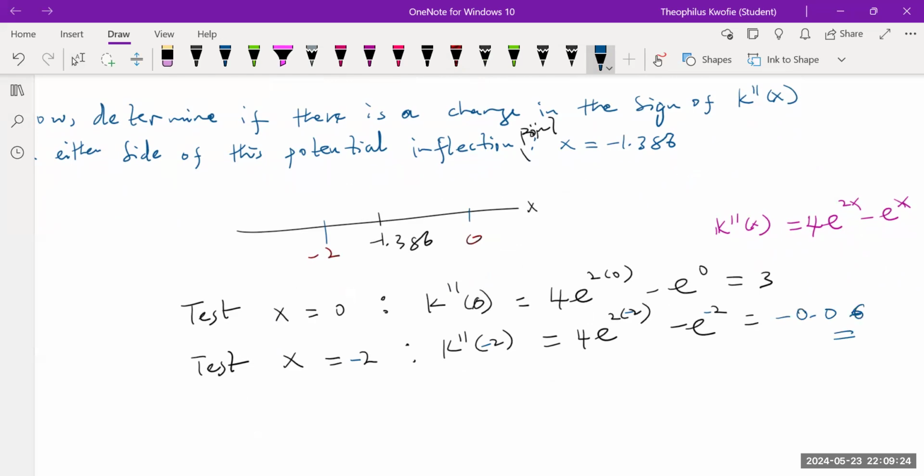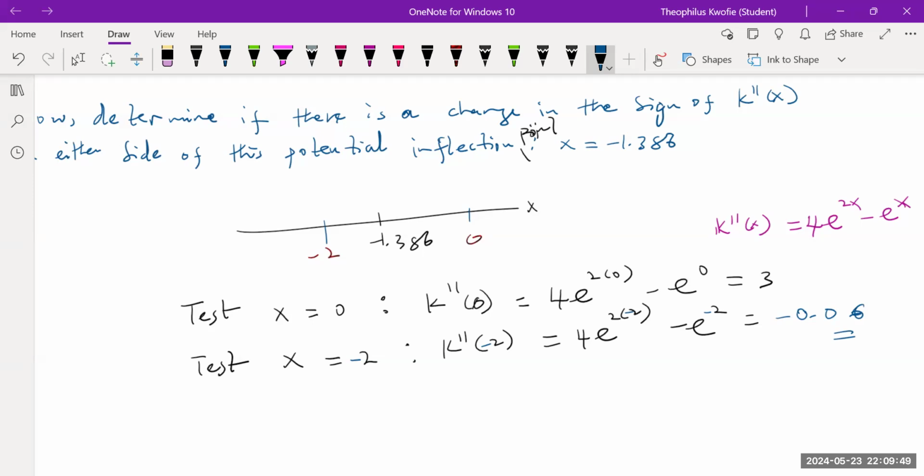0.06. Okay. Now over here we see that there's a change in sign. If the sign were the same, we would say that there's no point of inflection. Suppose we had positive values, that would say there's no point of inflection, or if there were also negative values, we'll say there's no inflection.